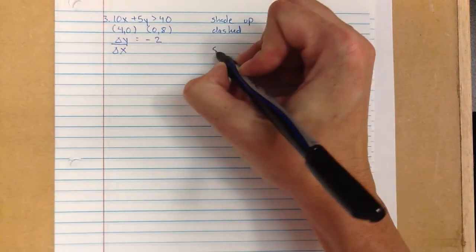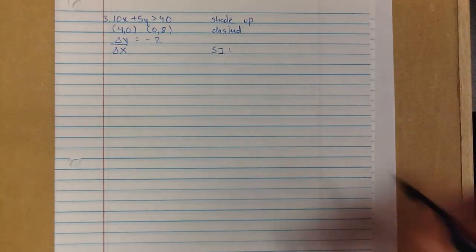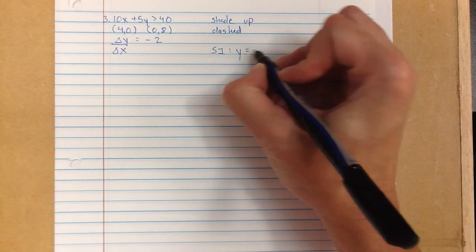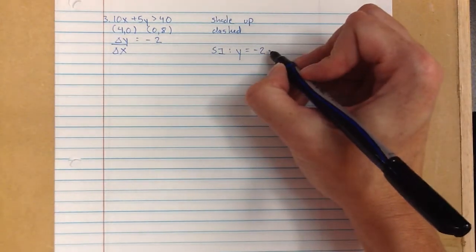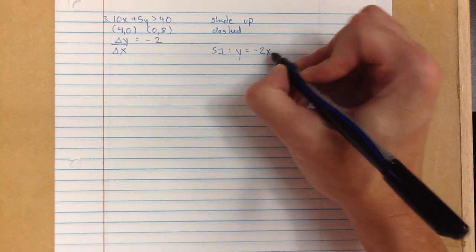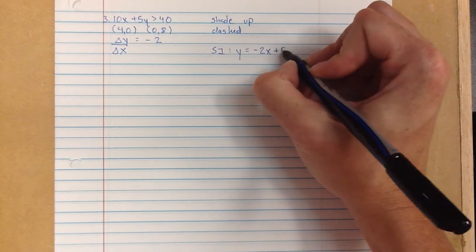Can we write the slope-intercept form now? Okay, what's your slope? So I have y equals negative 2. X is not part of the slope. Okay, you put it in there though. Negative 2x plus what? Plus 8. Good.